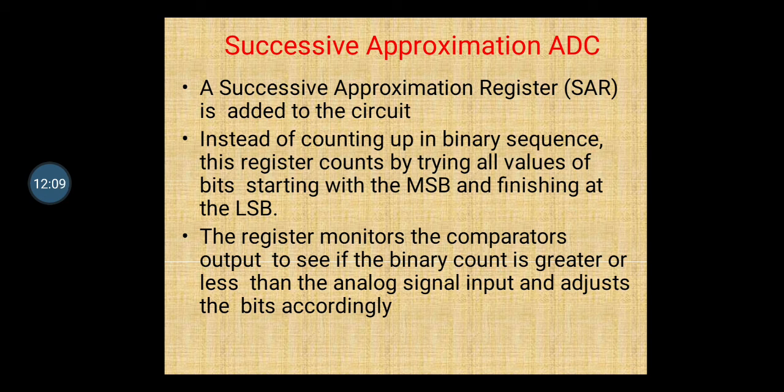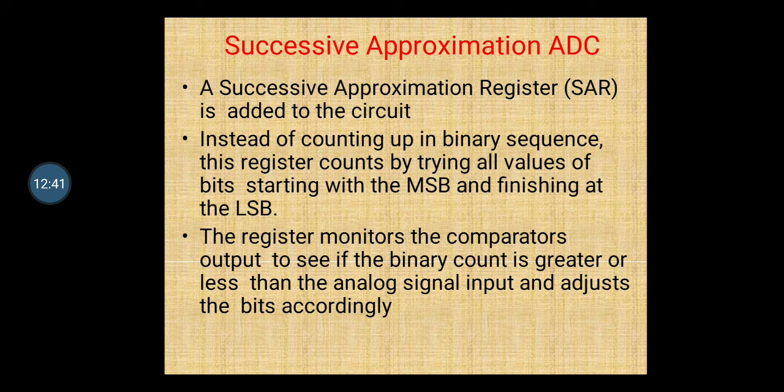initially, depending upon the comparison of voltage, it will first set the MSB bit of the DAC, the digital to analog converter. So first the MSB bit will be 1 and the rest will be 0, and then again it will do the comparison, and the next bit, which is adjacent to the MSB, it will set or reset.